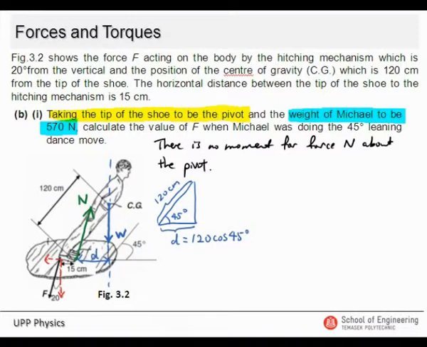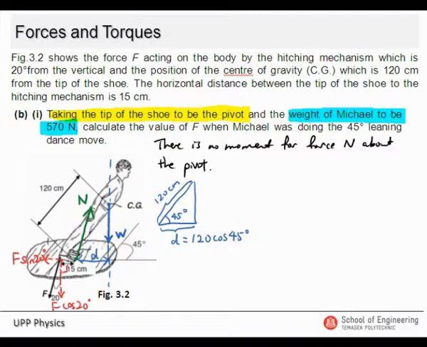Recalling how we resolve forces, the horizontal component of force F will be F sine 20 degrees, whereas the vertical component will be F cosine 20 degrees. After resolving the forces, it is very clear that F cosine 20 degrees, the vertical component, is perpendicular to the distance of 15 cm. I hope you can see it's this distance.